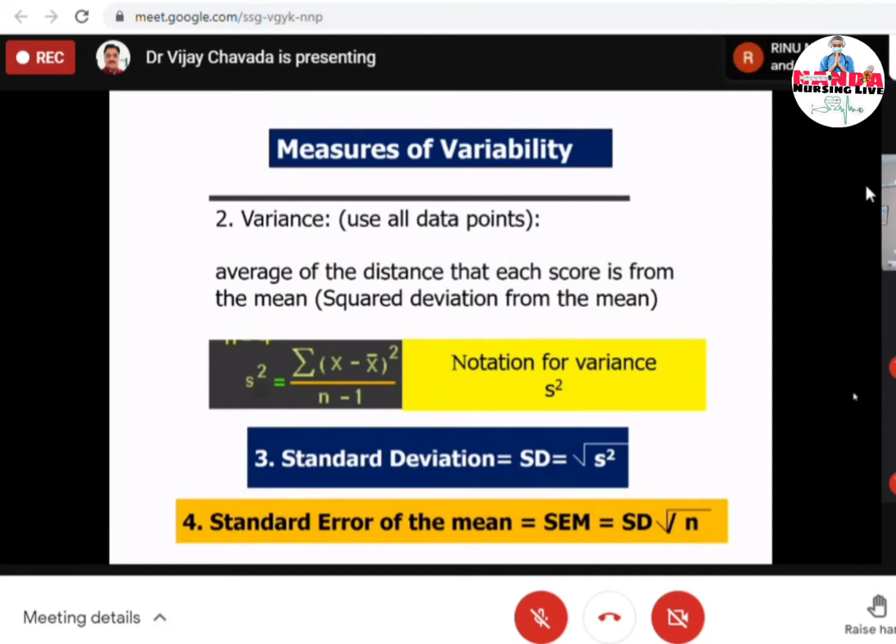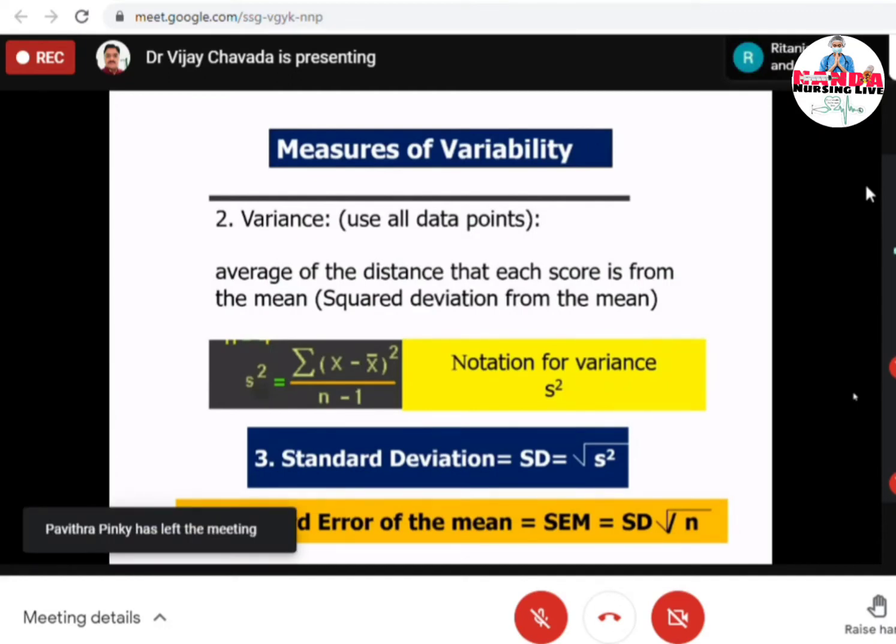It is denoted by s square, and it is calculated by this formula. Second is the standard deviation, which is the square root of variance, so it is the square root of s square. The standard error of the mean is the standard deviation divided by the square root of the sample size.